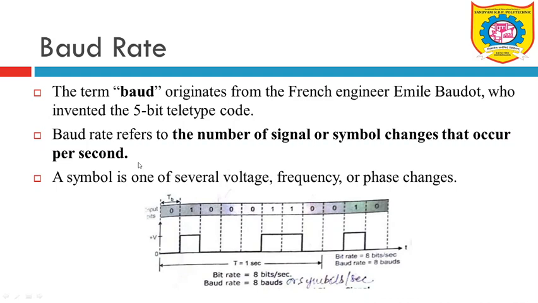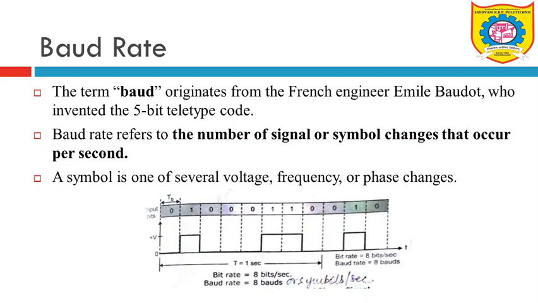It is possible to send multiple frequency signals in a given time interval, and that is the concept of baud rate. A symbol is one of several voltage, frequency or phase changes. Bauds are also sometimes called symbols per second.